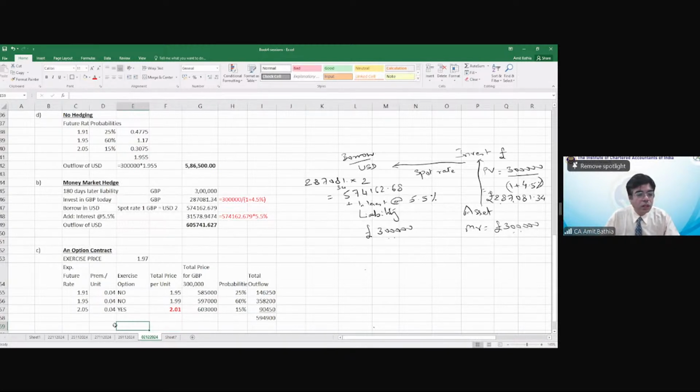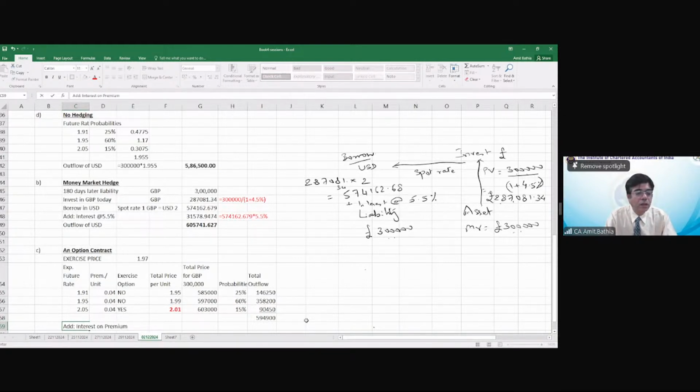Now to this, do I have to add any cost? Did you have any initial outlay? The premium, we take on premium here in this calculation. So we will have to pay interest on the premium amount.